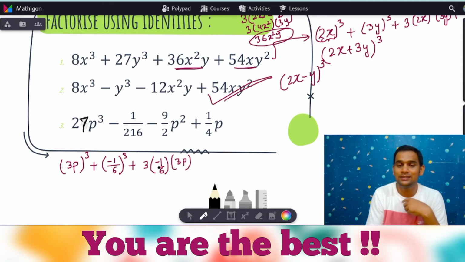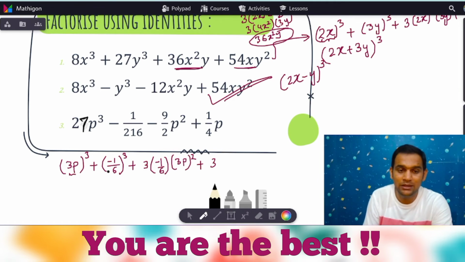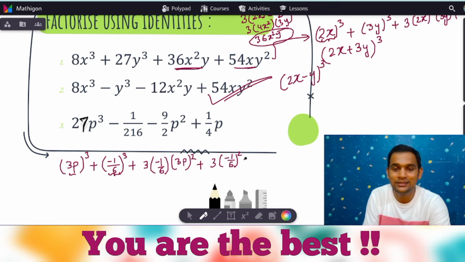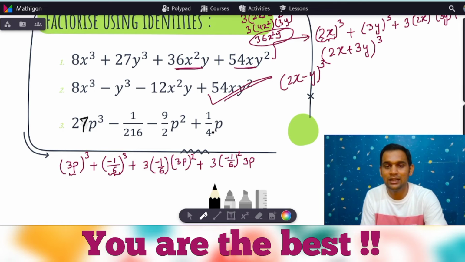If I do this, will I be getting 3p square? I'm sorry, it should be 3x square y, right? So we have guessed x as 3p, and y we have guessed as minus 1 by 6. So 3 times y square x, right? Minus 1 by 6 to the whole square, and x is 3p. Yes. So if we do this, are we getting 1 by 4?